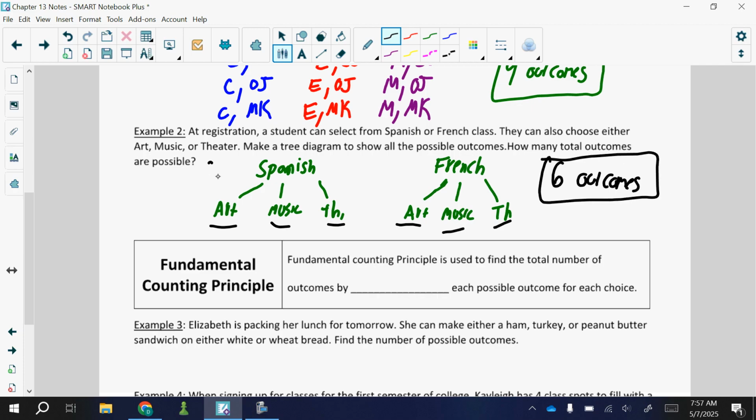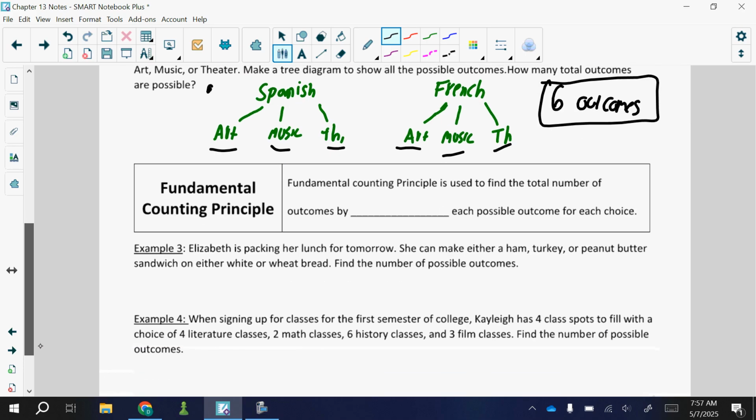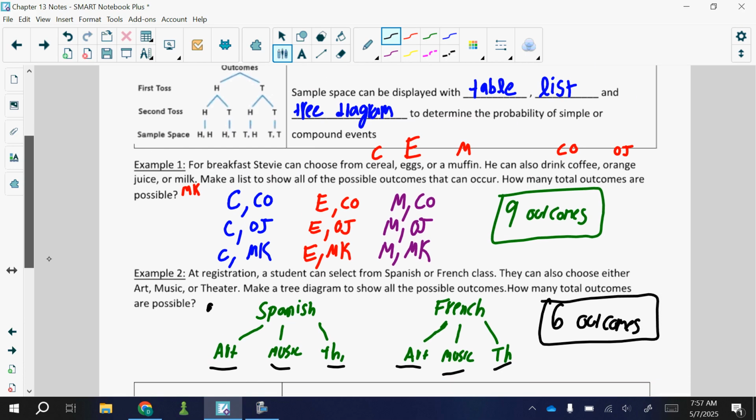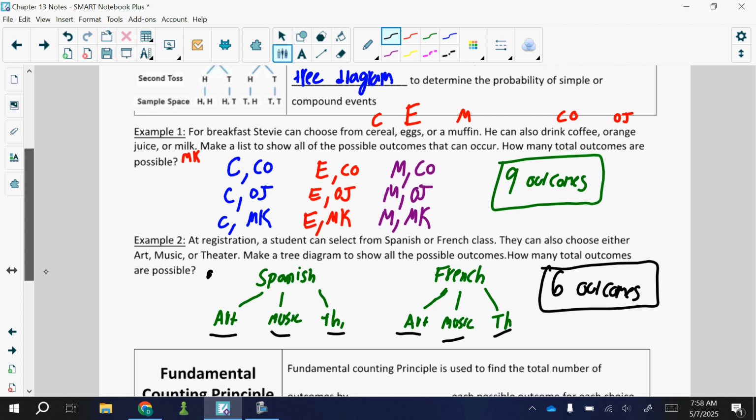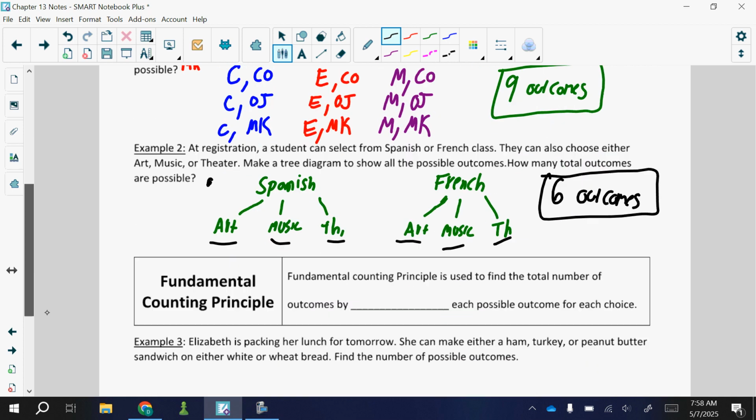Tree diagrams are usually favored for most things in probability. Just an FYI. So now on to really what's going to be the shortcut to all this. It's where you don't per se have to make a list or a tree diagram or a table.